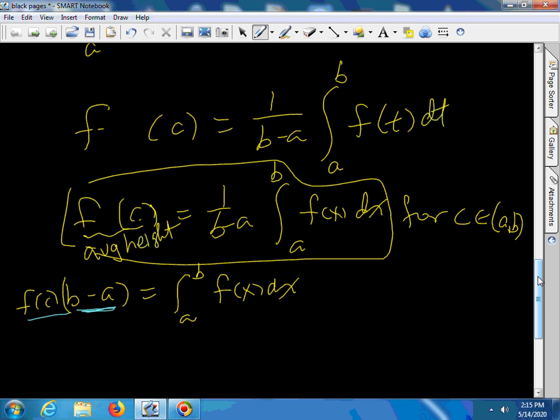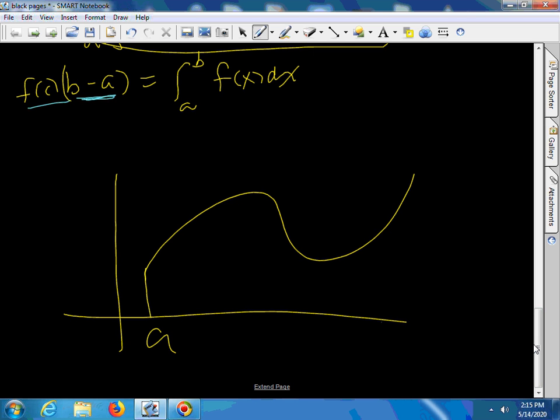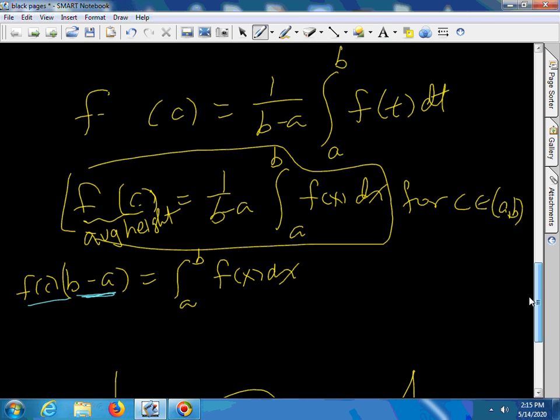It's the average height. So if somebody gives you a function and asks what is the average height from a to b, what you should do is compute the area under the curve from a to b, which gives you a real number, and then multiply by 1 over b minus a, or divide by b minus a, and you will have the average height.